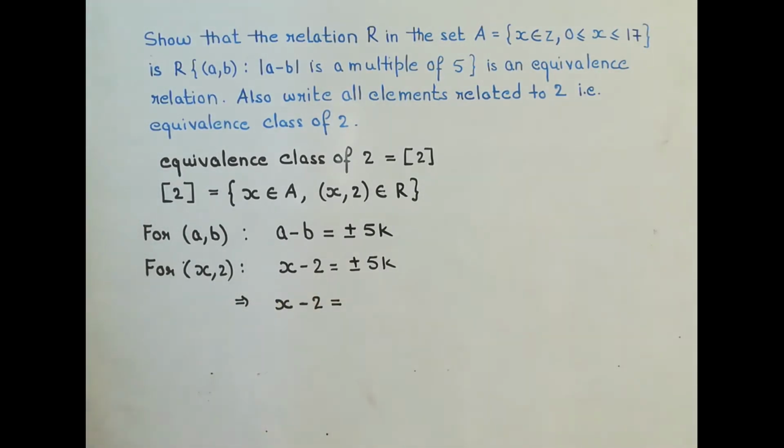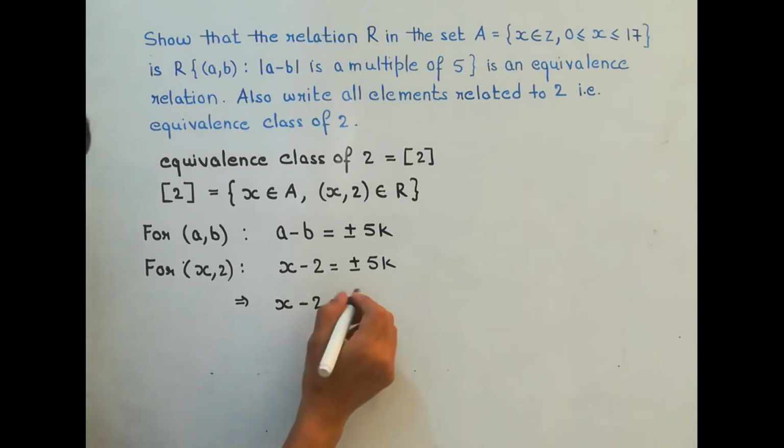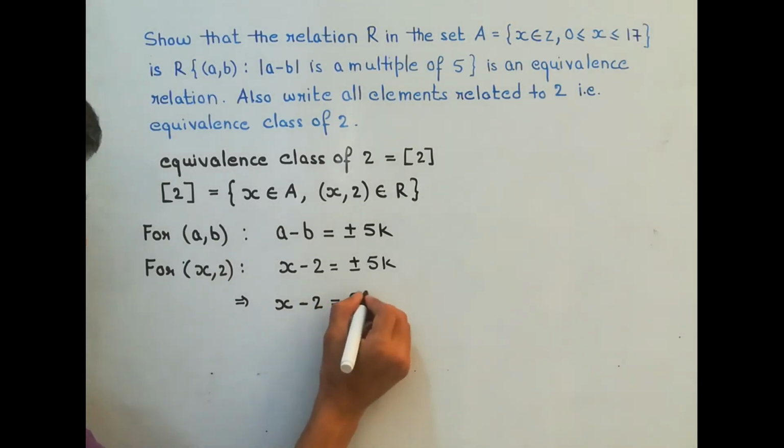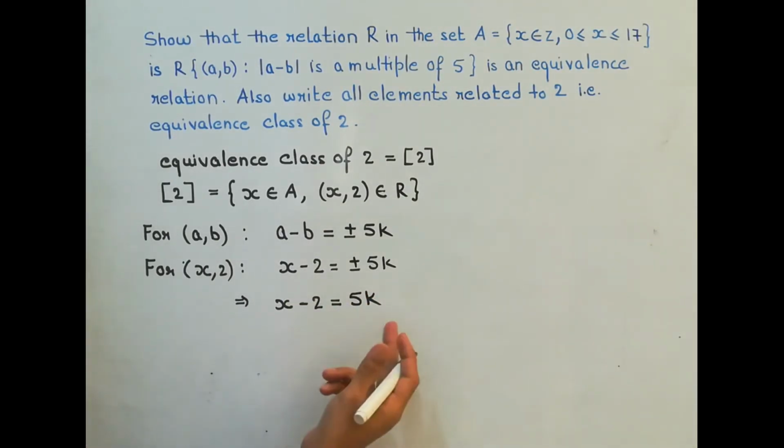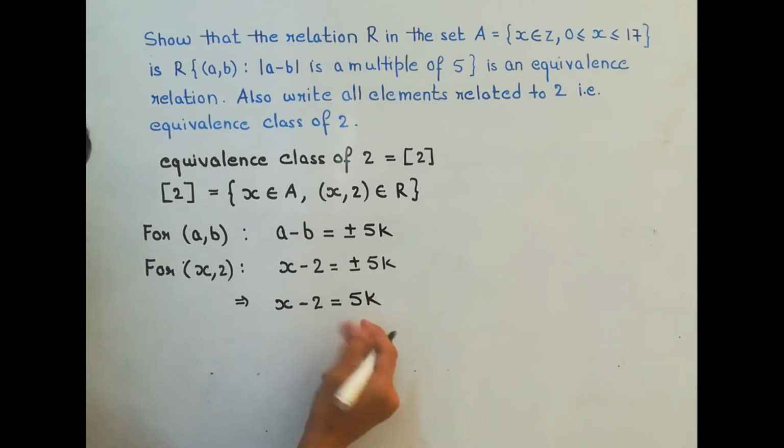Now as you can see, x belongs to the set A, and we have only positive numbers in the set A. So we can say x minus 2 will be equal to plus 5k, or simply the multiples of 5.